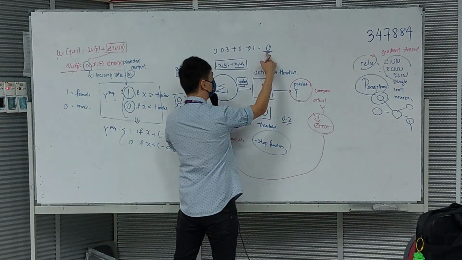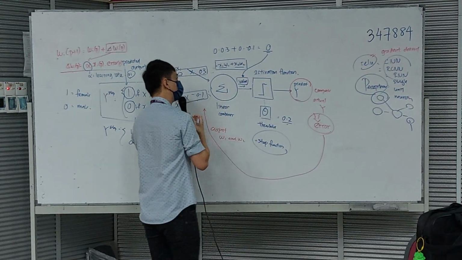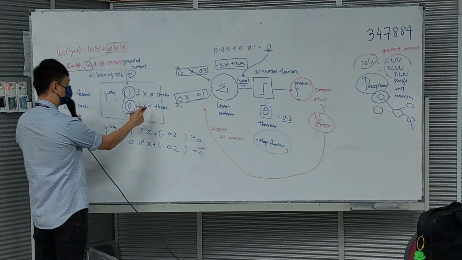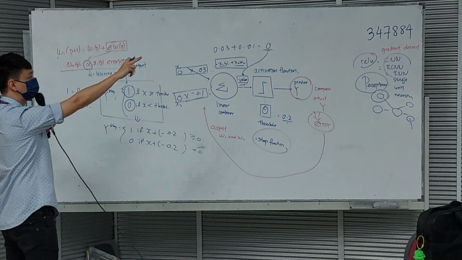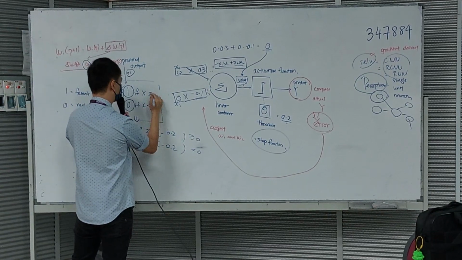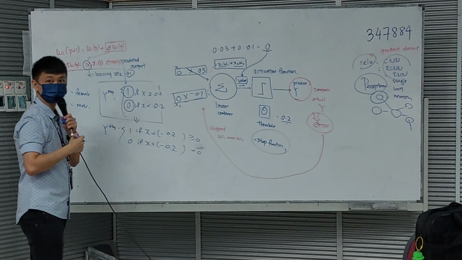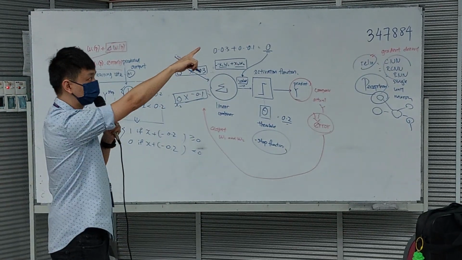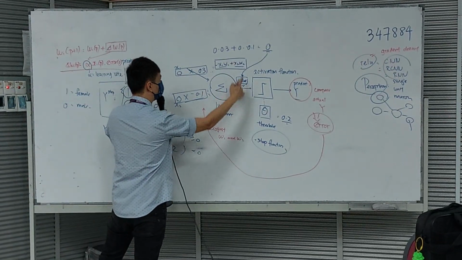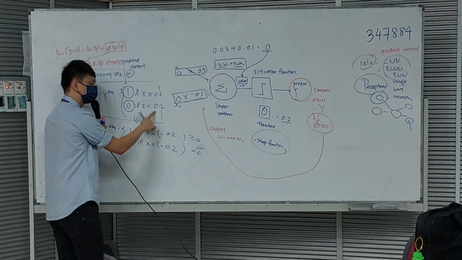This 0 is not the output, but the value generated from the linear combiner. Then we have to compare it with the threshold value. The threshold value is given in the question as 0.2. So my question is, you get this value which is 0. Is it more than or equal to 0.2, or less than 0.2?